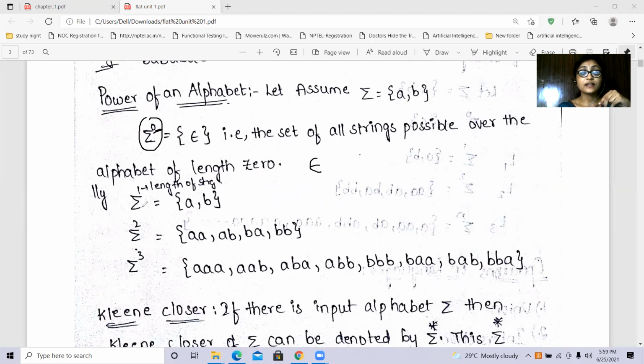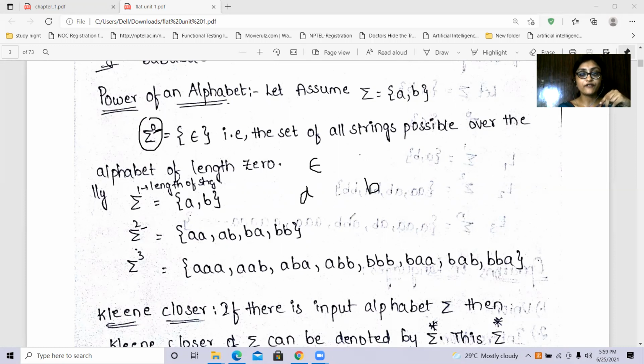And after that, power 1 means all the strings that are of length 1. Here A comma B. A is of length 1 and also B is of length 1. This is called the power of alphabets. And coming to length 2, here AA, AB, BA, BB.